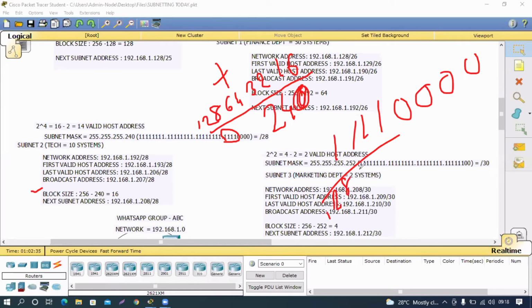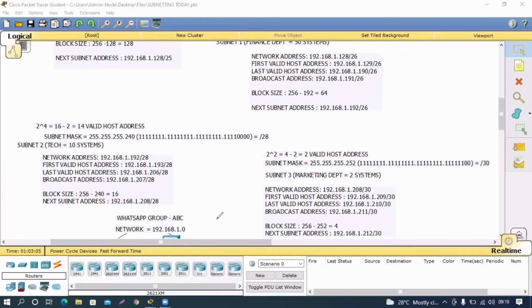Then this one value is what? 64. And this one value will be 32. This one will be 16. You calculate all this, you are getting 240. So total 16 you are getting, and 16 you have to add with 192, right? So just add them. How much you are getting? 208. Understood.